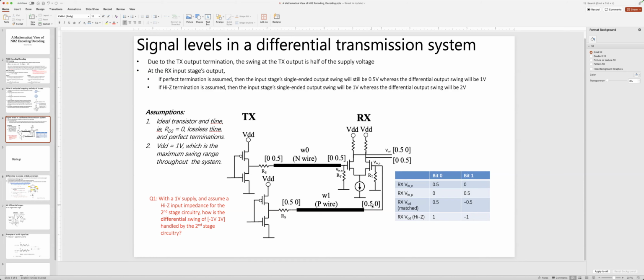Which means we need to have a very good PSRR, power supply rejection ratio, and CMRR, common mode rejection ratio, which can only be offered by differential circuitry.